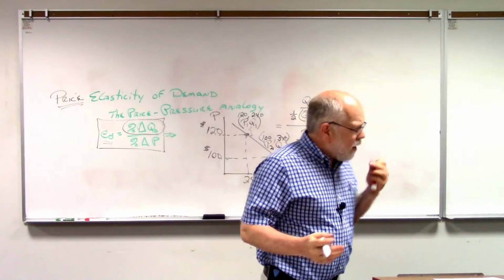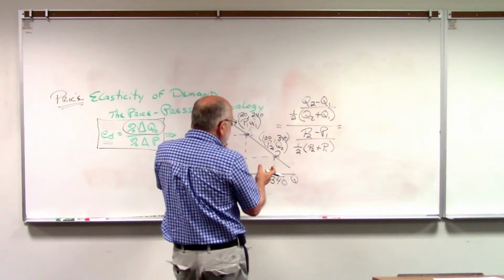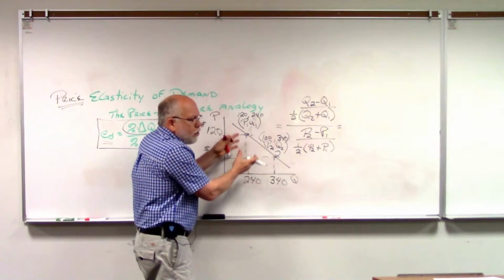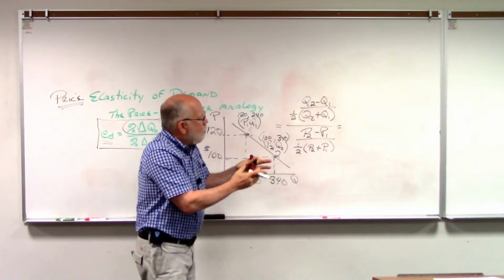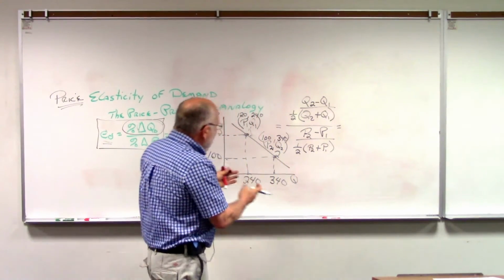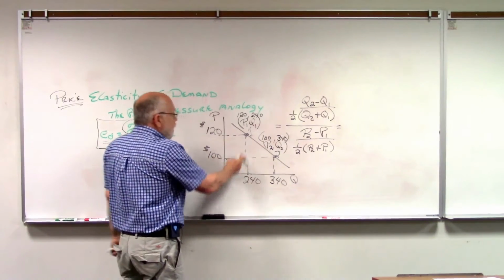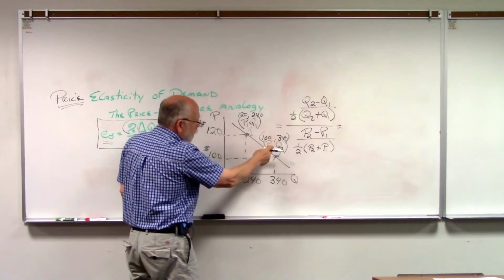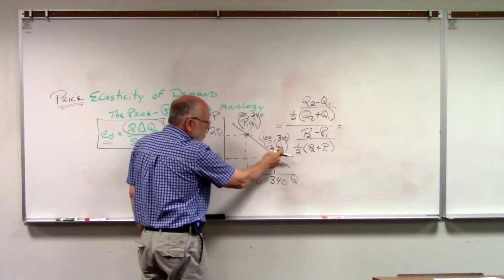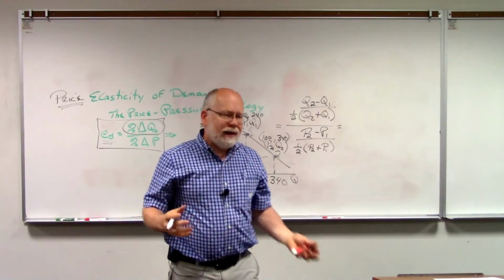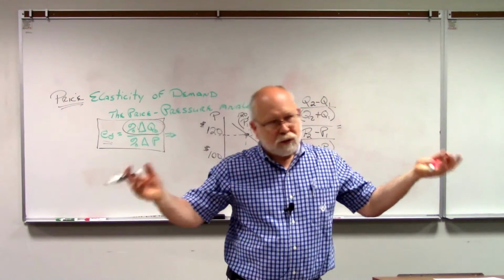But it would be a whole lot easier if, as you do it, you make this breadcrumb trail of where you got your numbers from, and when you check your answer, you don't have to do it over again. You simply check your steps. Is P1 really 120? And is P2 really 100? And is Q2 really 340? And then you just check your steps, and you don't have to do it over again and get a different answer, and then you got to check which one is right.